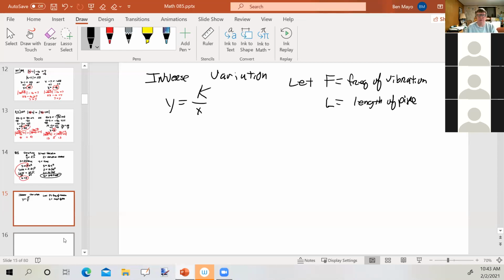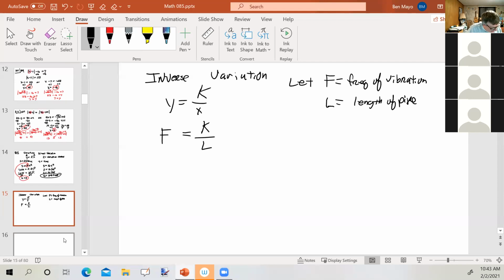So F is the frequency of vibration, L is the length of the pipe. The frequency of vibration of air in an organ pipe, so that's F, varies inversely to the length of the pipe. So K over L. Again, K is present, even though it wasn't mentioned, and the length of the pipe is down below. So this is going to be the formula we're going to use for this problem.